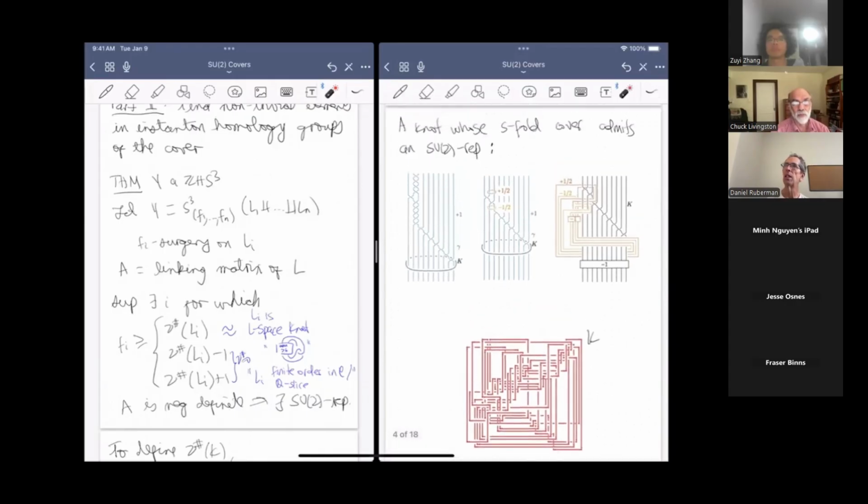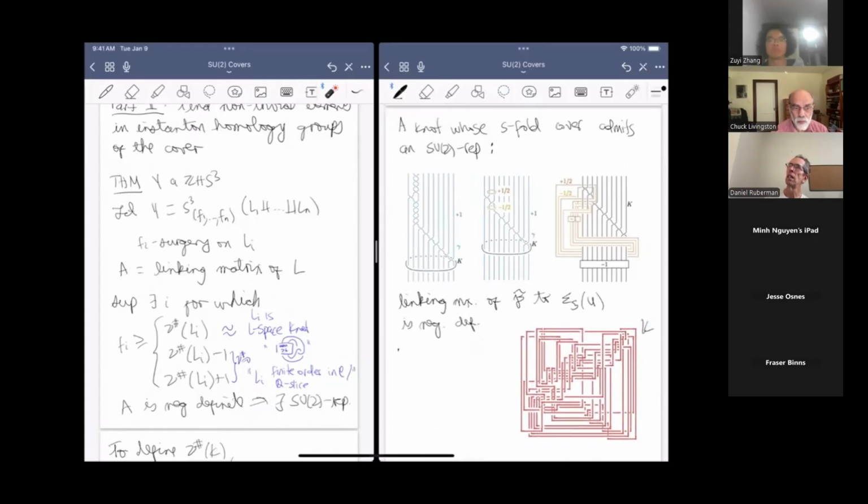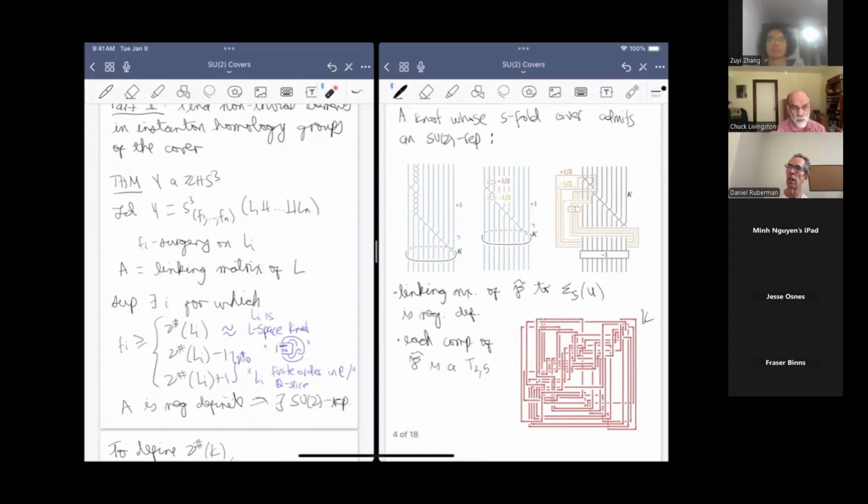we are constructing it so that the linking matrix of the lift of this to the fivefold cover over the unknot is negative definite, and the knot type of each component is T25, which has nu invariant.